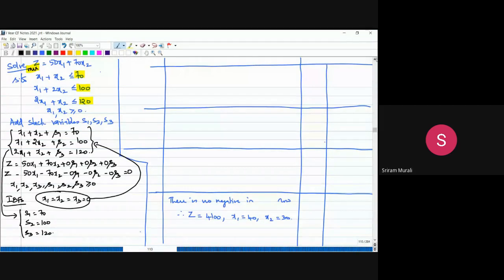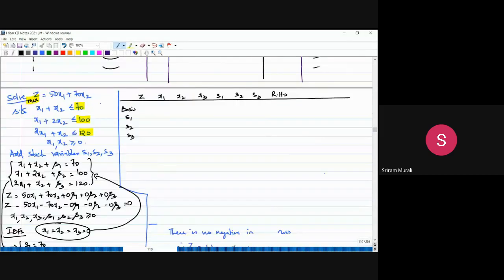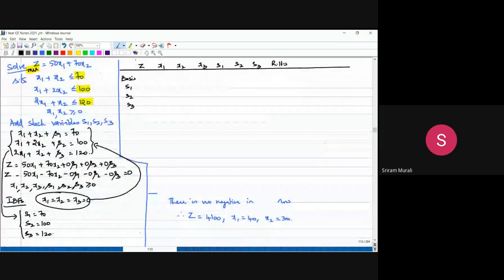So write down the simplex table. Step number 1: Z, X1, X2, X3, S1, S2, S3, and then right hand side. This is my basis. Whatever IBFS we found will come here: S1, S2, S3.